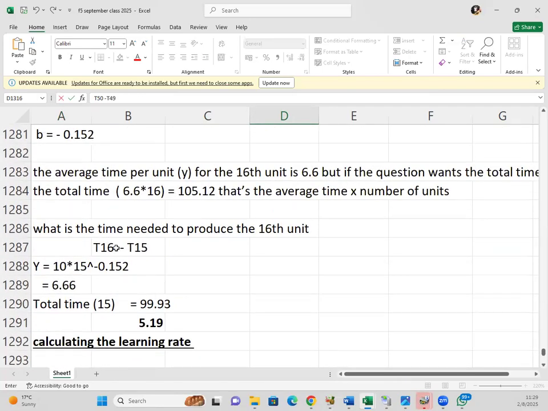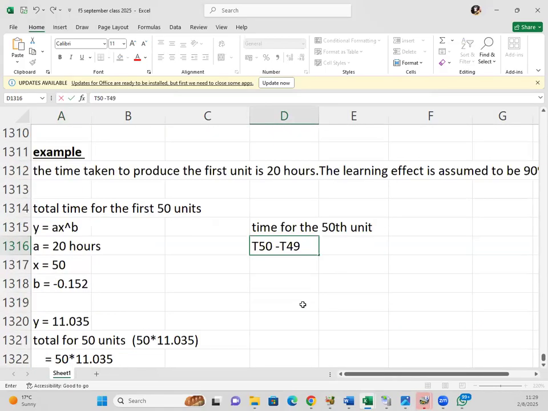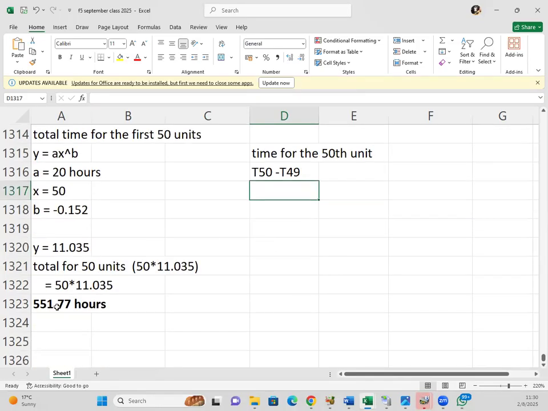Like here, for the time for the 16th unit, you say T16 minus T15. Not the average time for all the units, but the time for the 50th unit. That is the same time that all the other additional units will take. So the time for 50 units, we got it already. It's 551.77. What about T49?